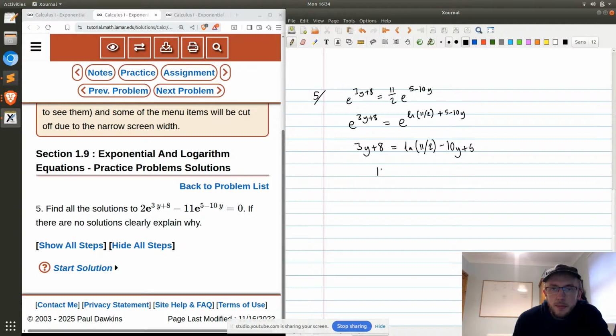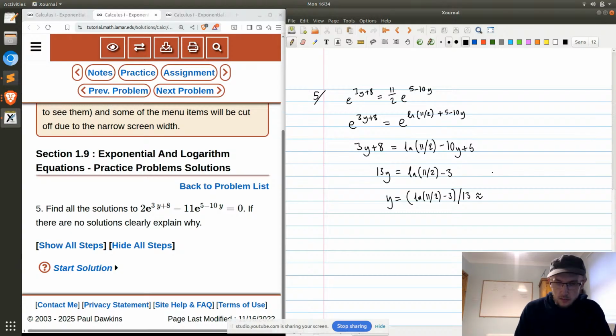Let's move it over. So I make it to be 0.0902.